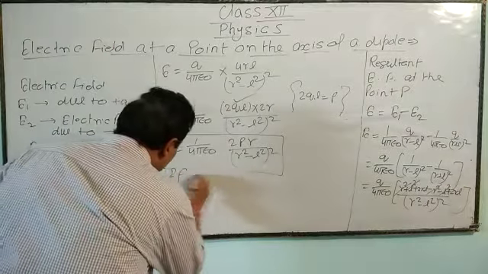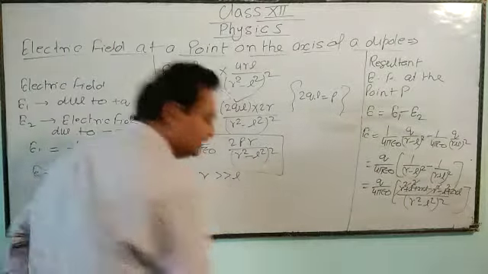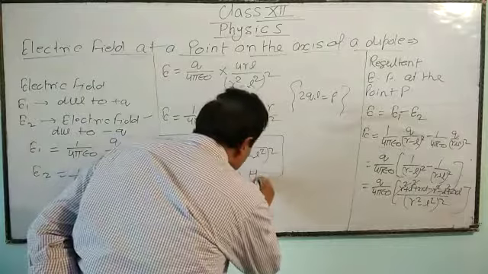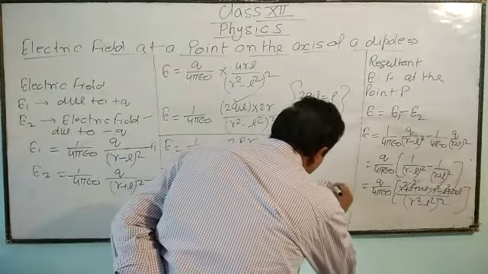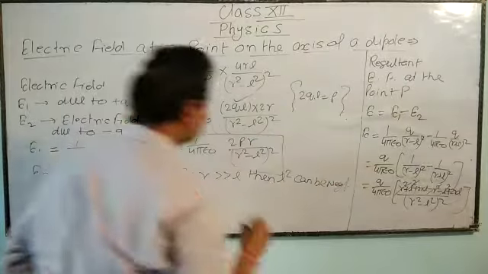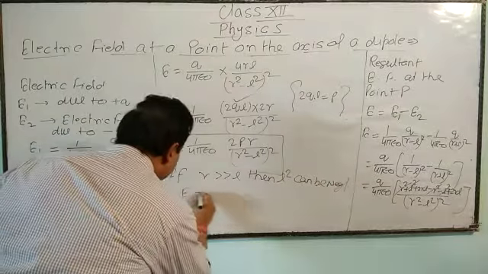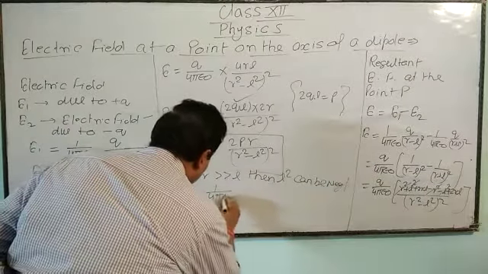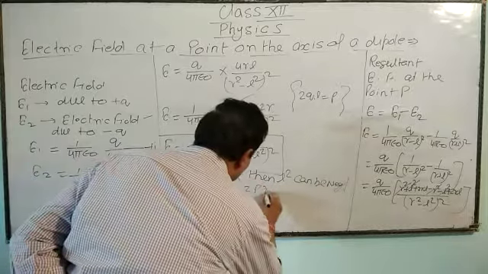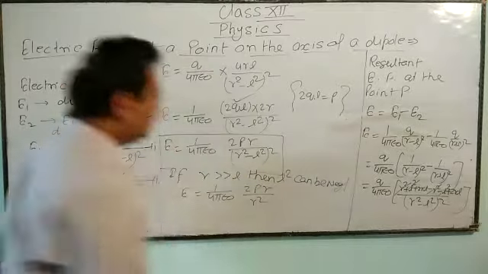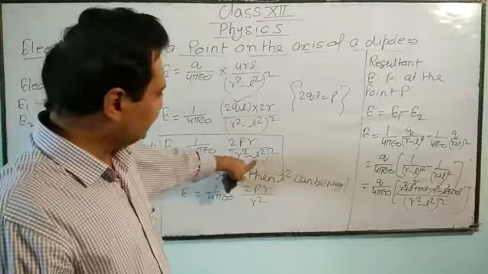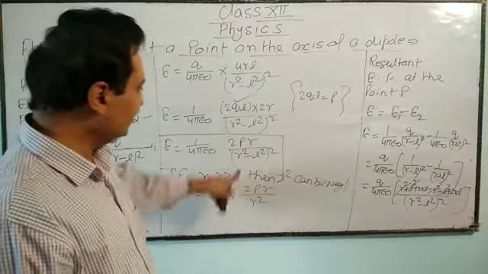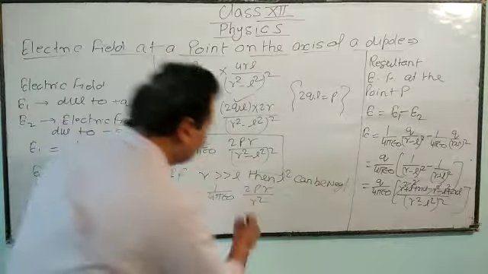If r is very much greater than L, then L square can be neglected. So E is equal to 1 upon 4 pi epsilon naught 2pr upon r square the whole square, because the L square value is very small. So L square can be neglected, leaving only r square the whole power 2.